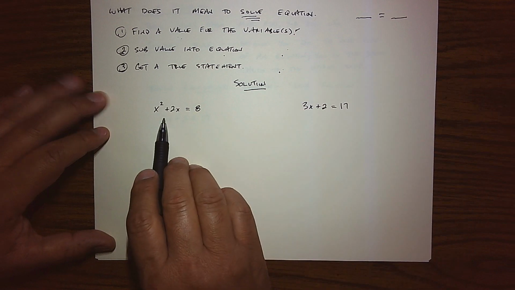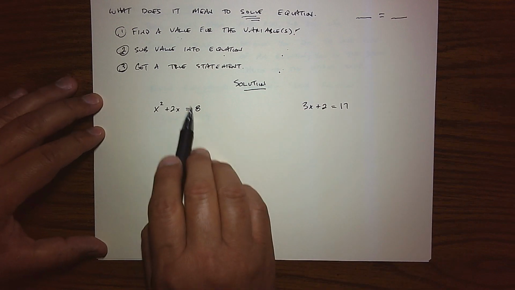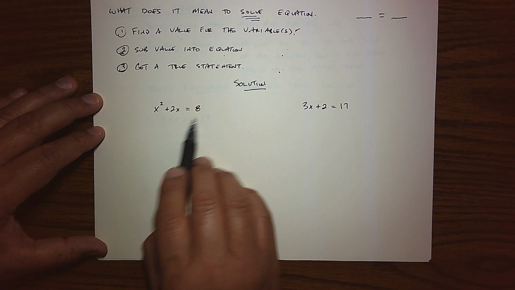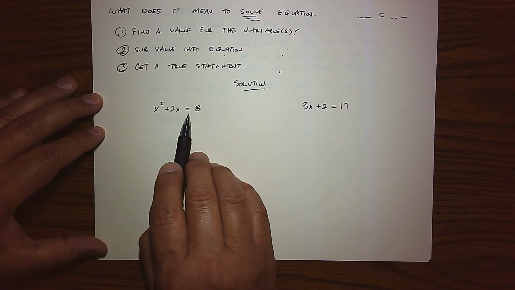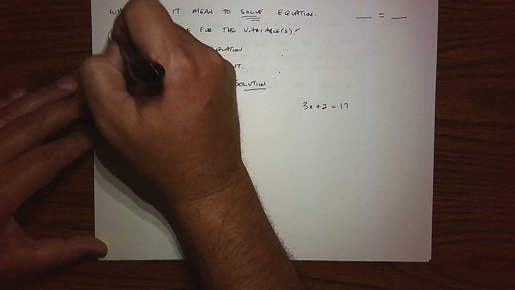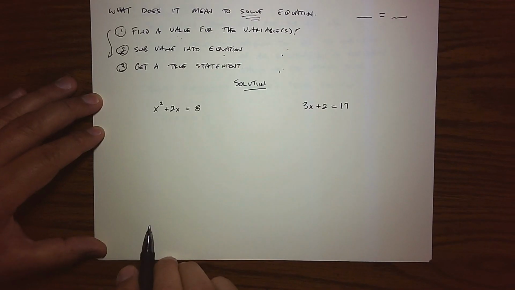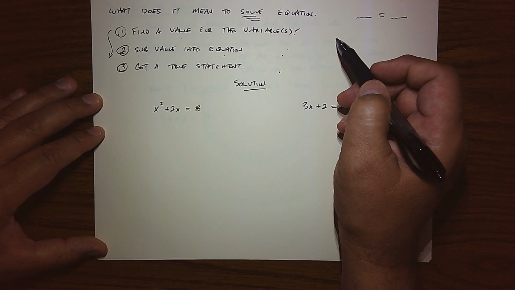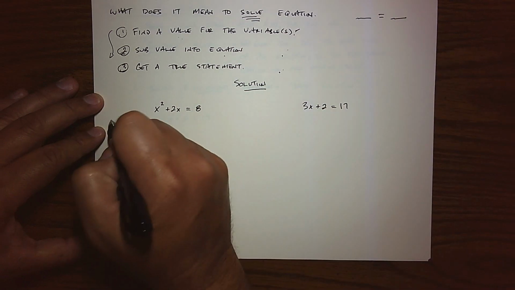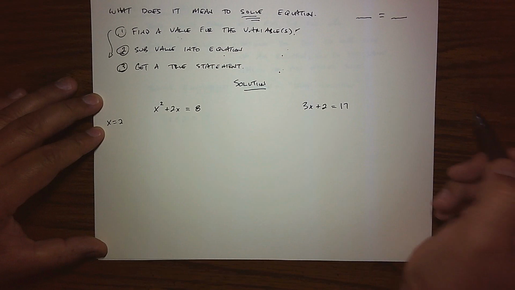Let's start with this harder one. So again, there's some algebra involved in this to actually find the actual values, but that's more of a 120 concept. I just want to experiment with this three-step concept about solutions. So I'm just going to pick a value. Let's just imagine I let x equal 2.